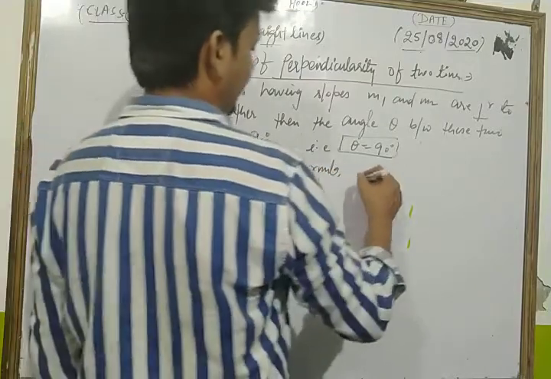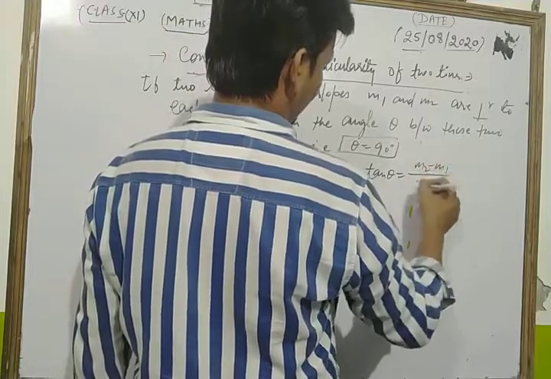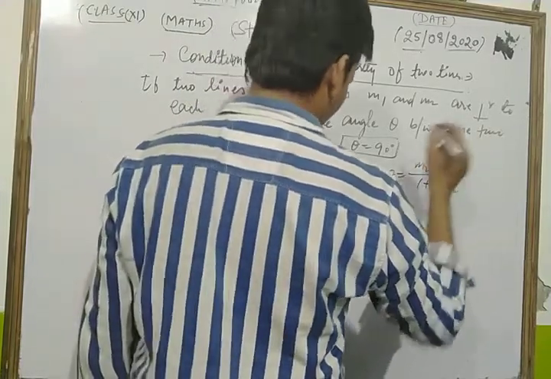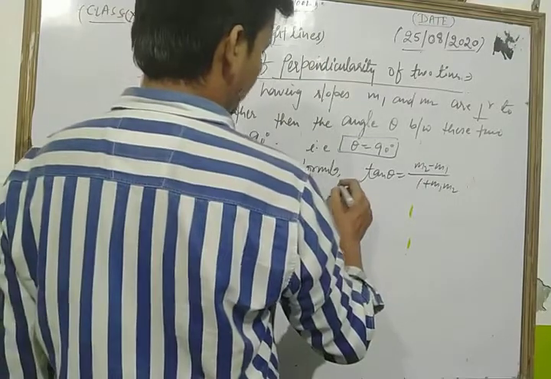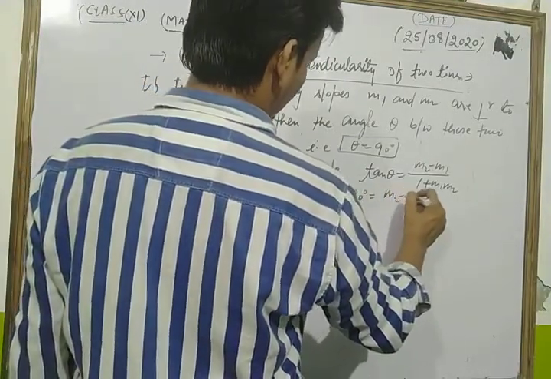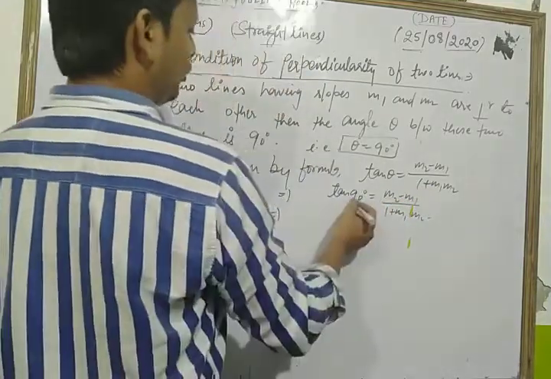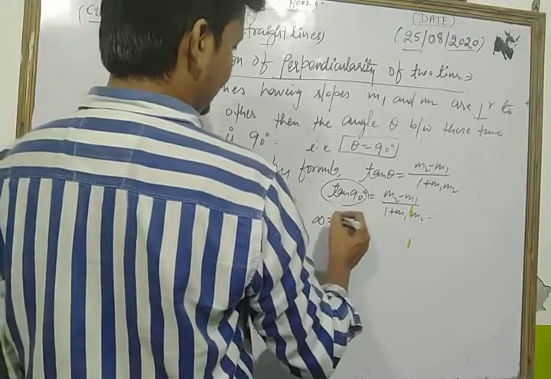Then by the formula, tan theta is equal to, as I just discussed, m2 minus m1 upon 1 plus m1 into m2. We get tan theta with theta equal to 90, so we put tan 90 equal to m2 minus m1 upon 1 plus m1 into m2. We know that the value of tan 90 is infinite.